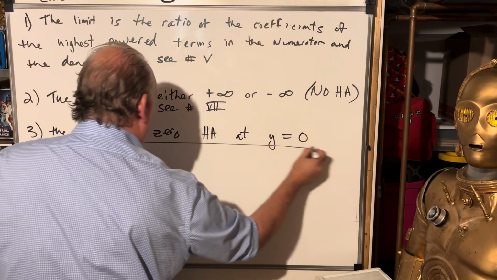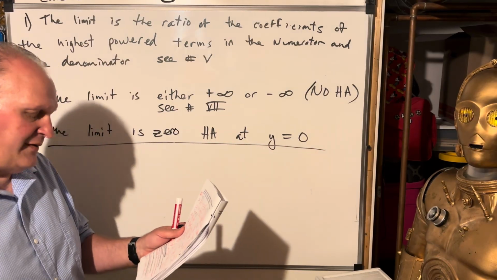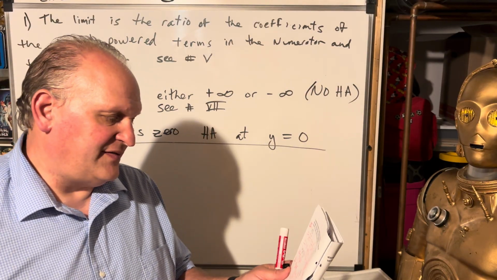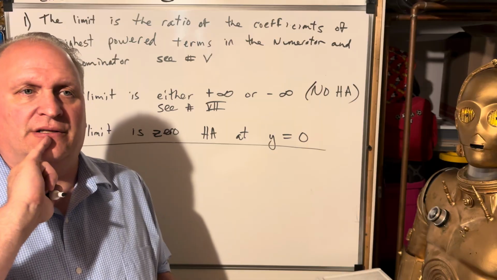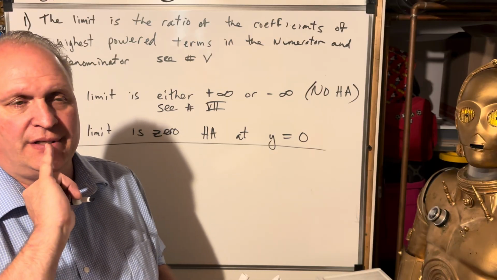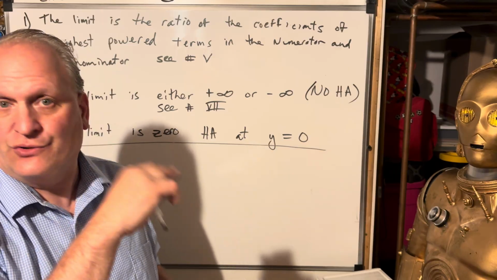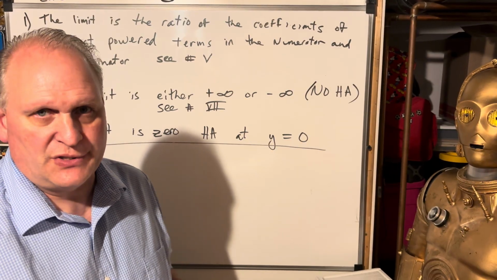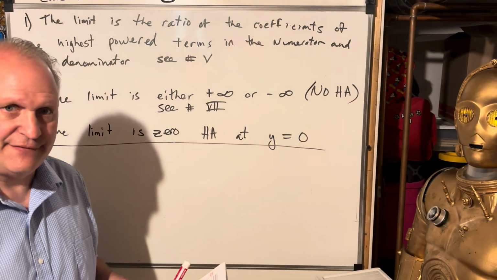Now, I've had students go, wait, Mr. Pledgey, wait. What if I'm approaching, what if it's 5 divided by negative 10,000, negative 100,000, negative 1 million? Well, 5 divided by negative 1 million is still negative 0.000000. It's still approaching 0. It's just approaching 0 from below instead of above.